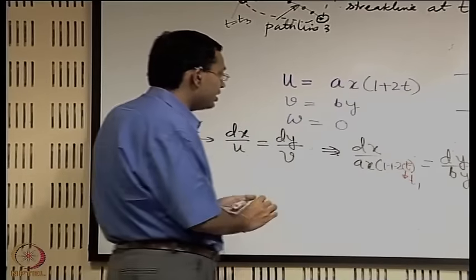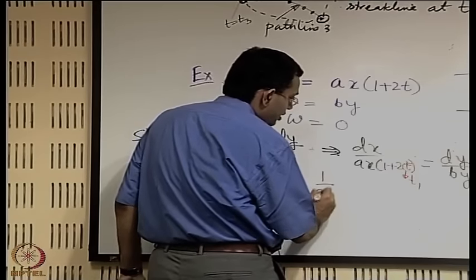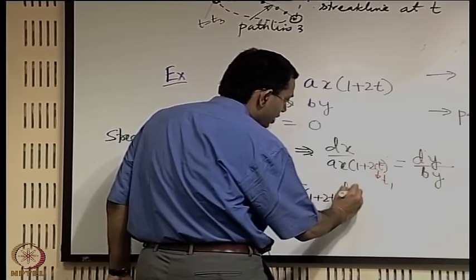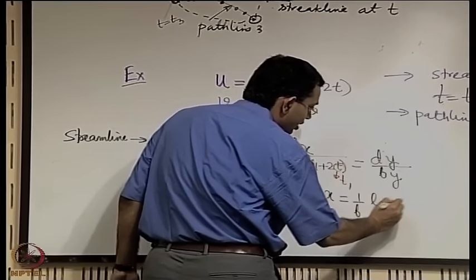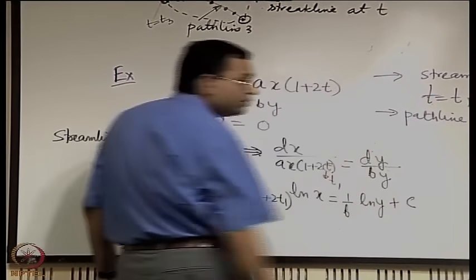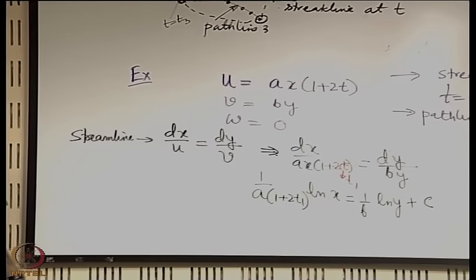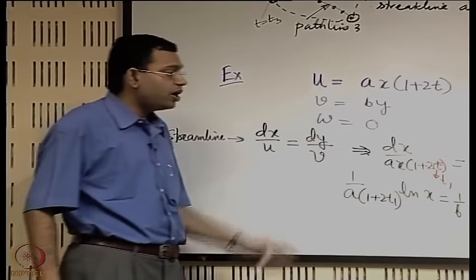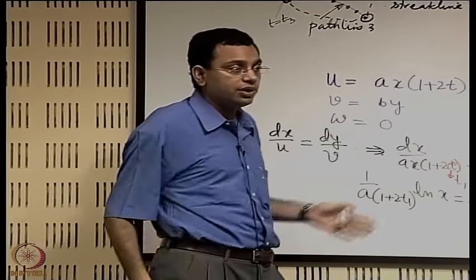You can integrate this and what you will get is 1 by a into (1 plus 2 t1) ln of x is equal to 1 by b ln of y plus some constant of integration c. How do we evaluate the constant of integration? You must be given a point on the streamline. Say the streamline passes through some point.